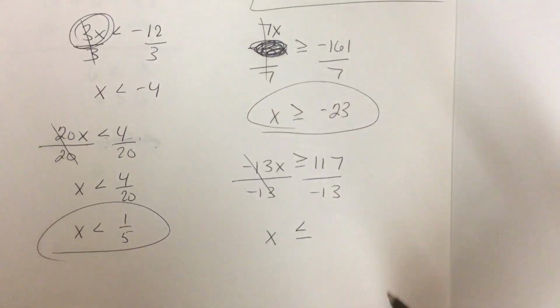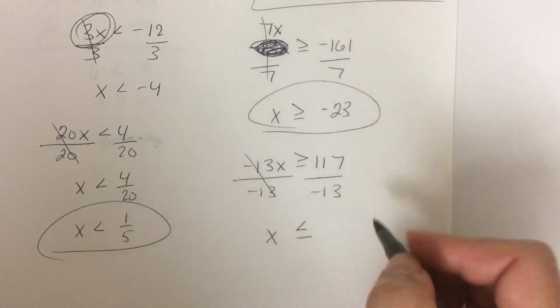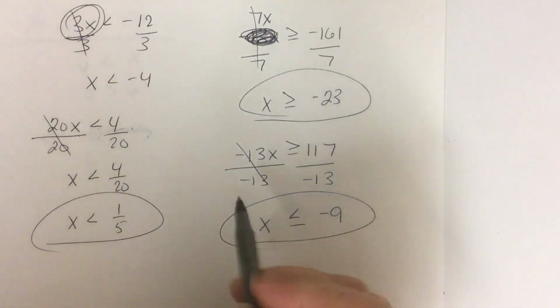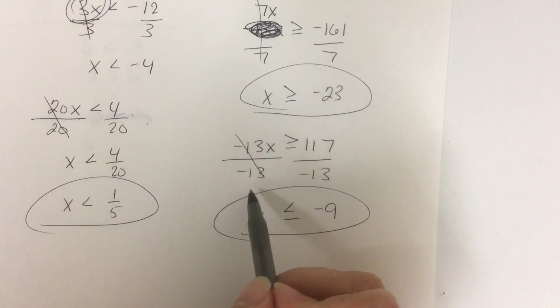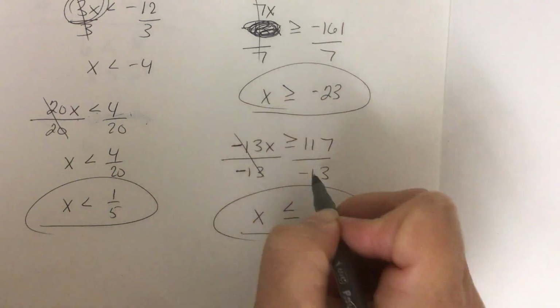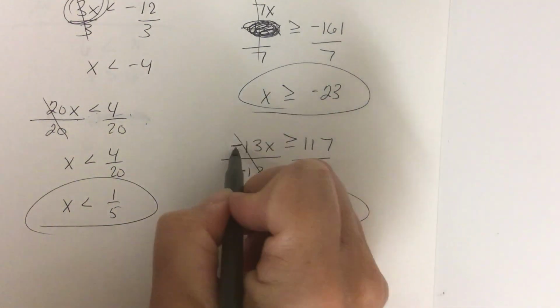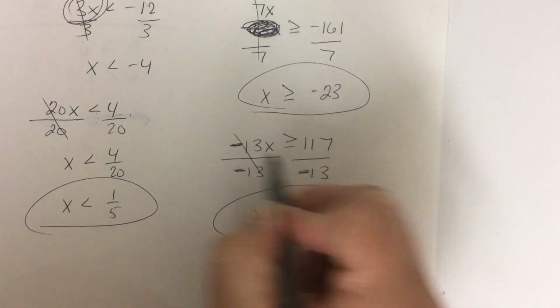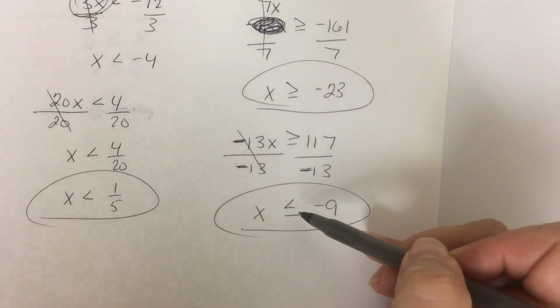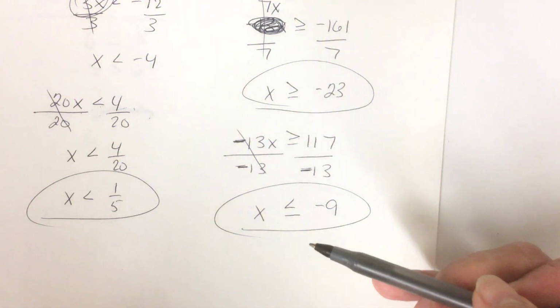I'm doing this on my calculator because I don't know my 13s very well. And I get -9. So remember, when this is a negative number, you have to divide both sides by negative 13, and that means you flip the sign from greater than to less than. Some of you forget that.